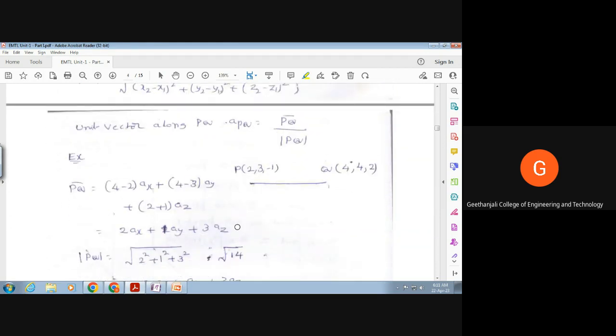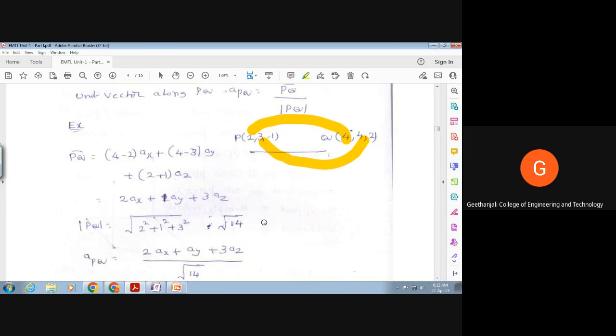For example, say that the coordinates of point P are 2, 3, minus 1, and that of Q are 4, 4, and 2. Then vector PQ is equal to 4 minus 2, that is 2 ax, 4 minus 3, that is 1, and 2 minus of minus 1, so plus 3 az. 2 ax plus ay plus 3 az.